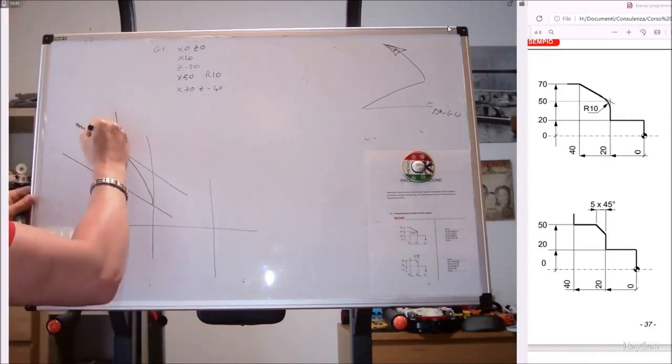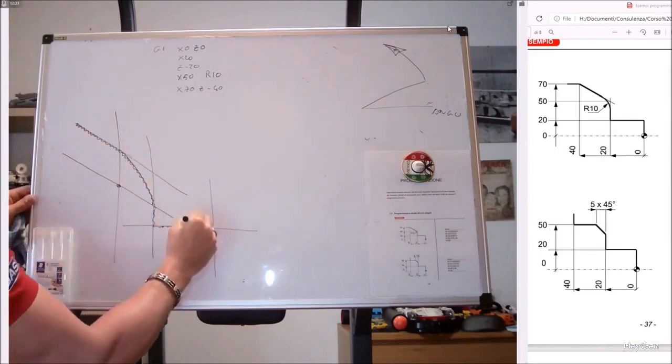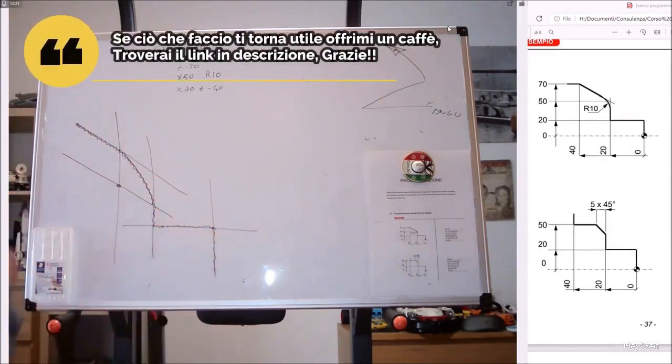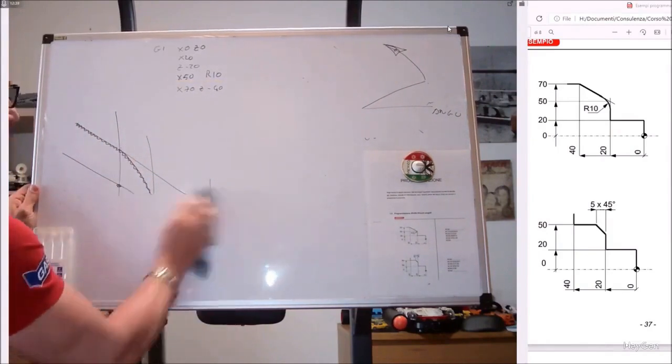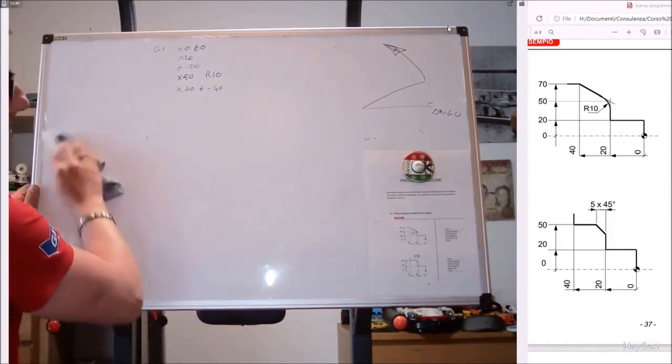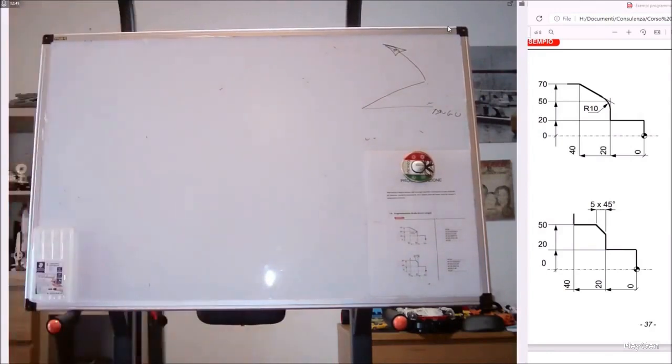Then you would have highlighted the profile, which is an essential step in the process. You can either draw it manually, using traditional tools, or program it using modern software techniques.